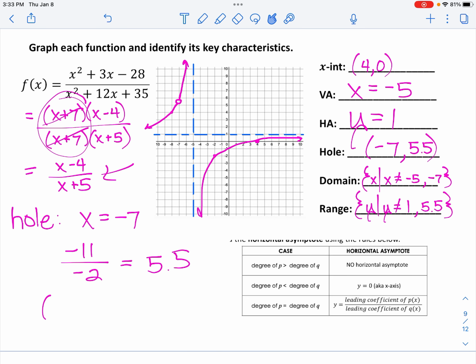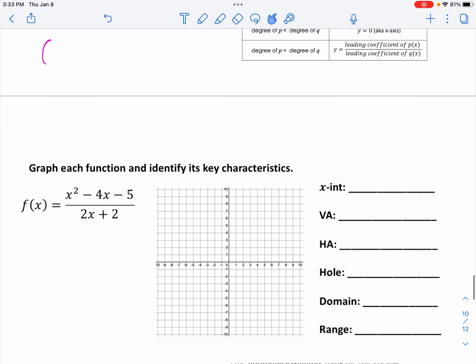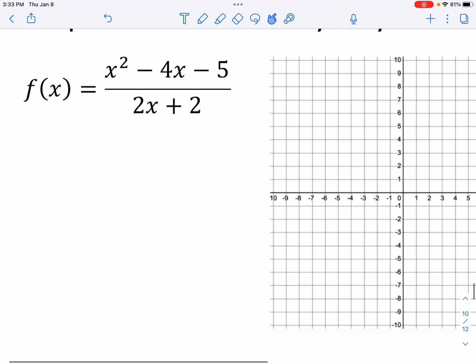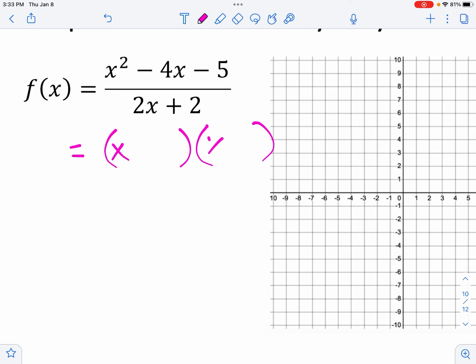I would like to do one more. I hope this is making some sense now. All right, I'm going to simplify. Here we go. If I simplify the numerator, 2 numbers that multiply to be -5 but add up to be -4 are -5 and 1.